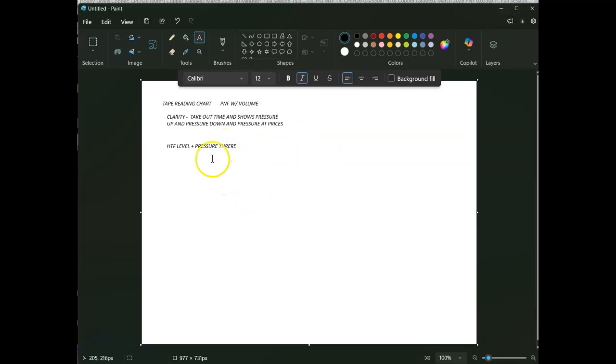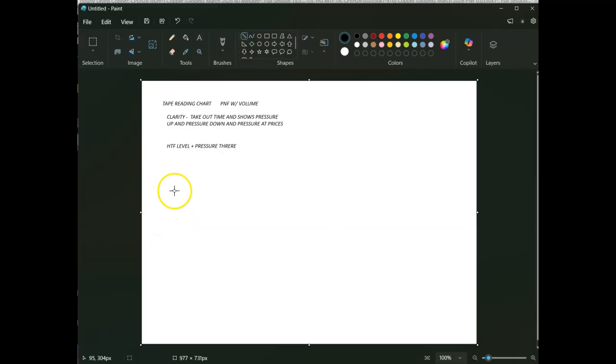I'm mentioning clarity because a lot of times bar charts and even wave charts will not show you clarity. The reason is that a lot of times the move will look like this. It looks like a downtrend.